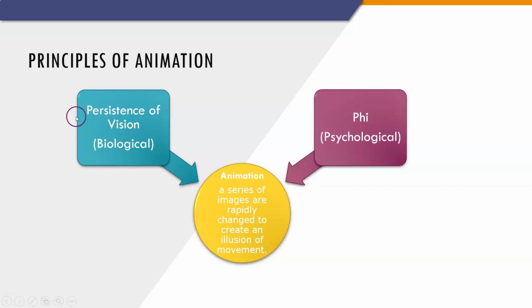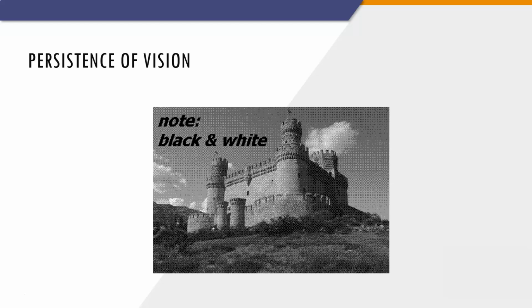The concept of animation that we use is persistence of vision, where you use your eyes to see the movement. When we talk about psychological, it is how you interpret the animation using your emotion and psychology elements.